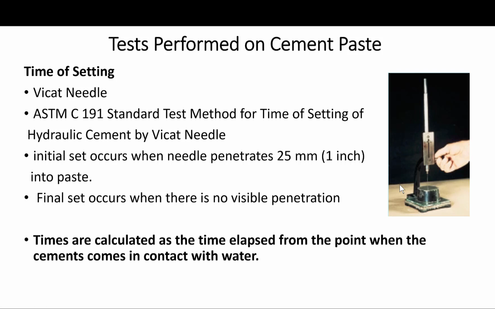In this test, the Vicat apparatus is used, except that the 1 millimeter diameter needle is used for penetration. The initial setting time is defined as the time at which the needle penetrates 25 millimeter into the cement paste. The final set occurs when the needle does not sink visibly into the paste.